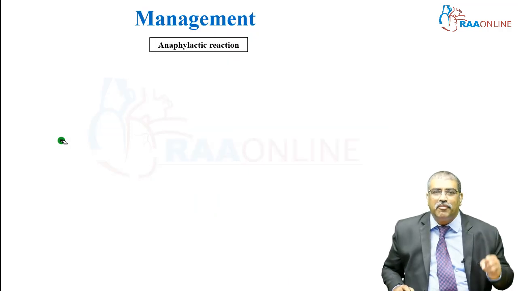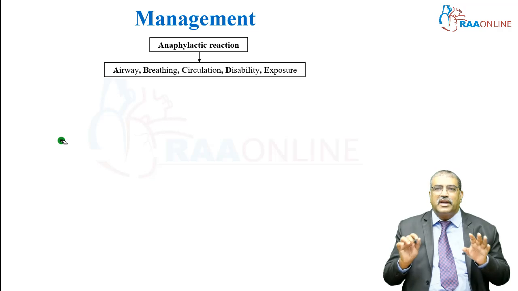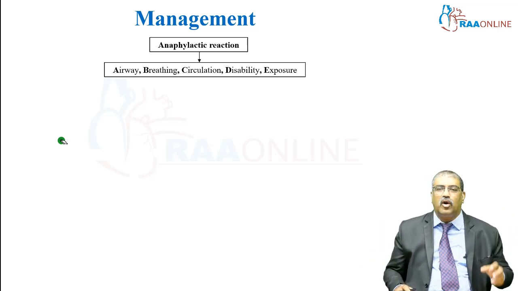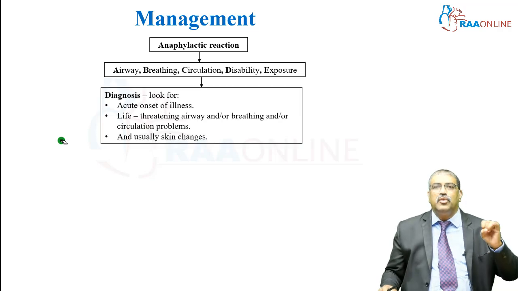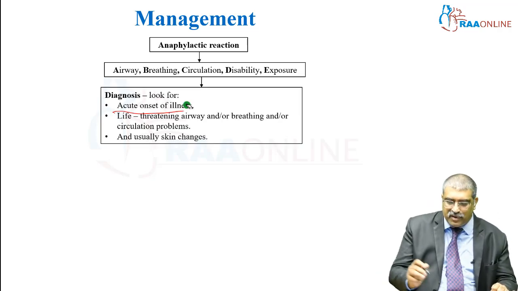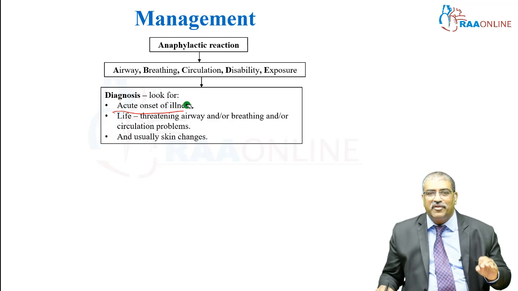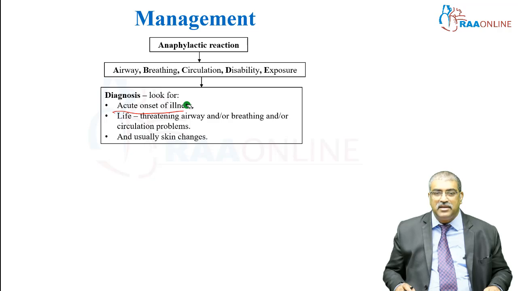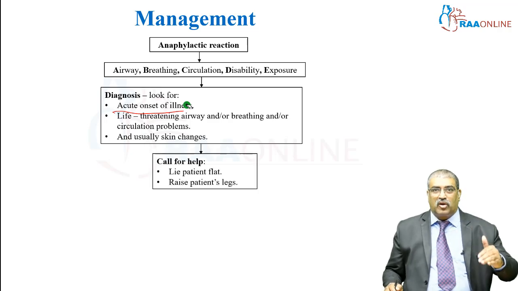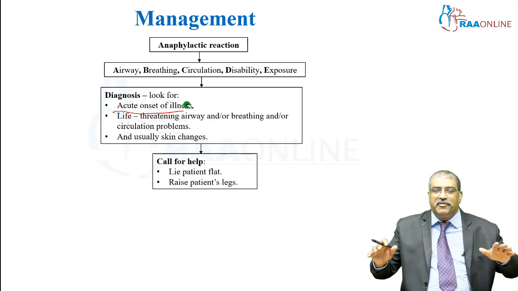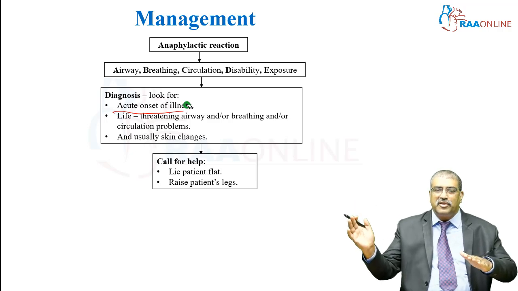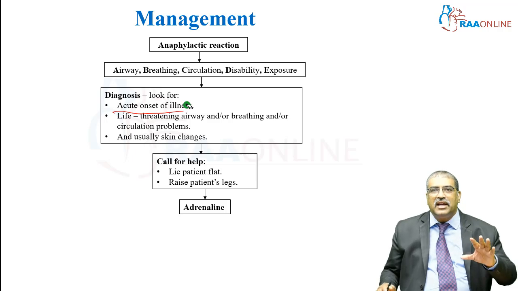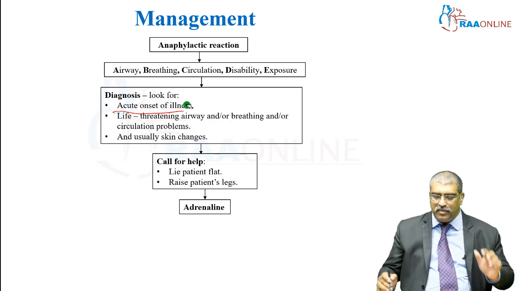Now coming to management, here you have to take control of airway, breathing, circulation and look for disability and what exposure has happened. You look for acute onset of illness, life-threatening airway or breathing or circulation problem and look for skin changes. You call for help, make the patient lie flat and the most important thing which you do is raise the patient's legs, and you can try IV or IM adrenaline.